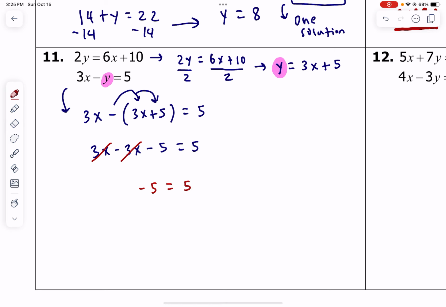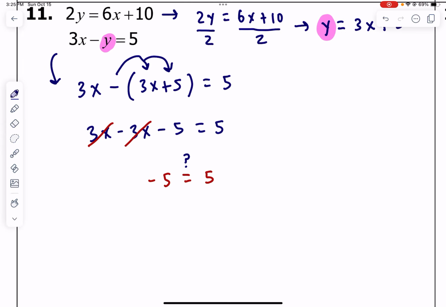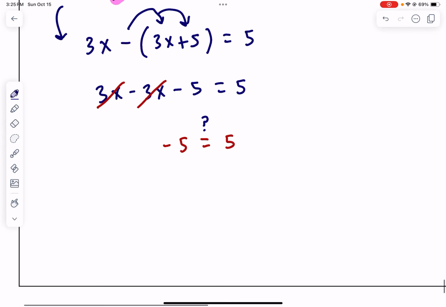equals 5. And here, this is kind of going back to the ideas we talked about when we were dealing with absolute value equations. In this case, you have to ask yourself, is this a true statement or a false statement? And you'll see that this statement right here would be a false statement because negative 5 does not equal positive 5.